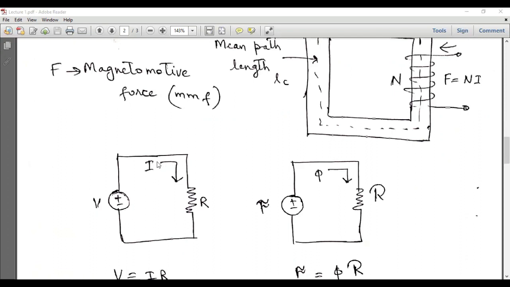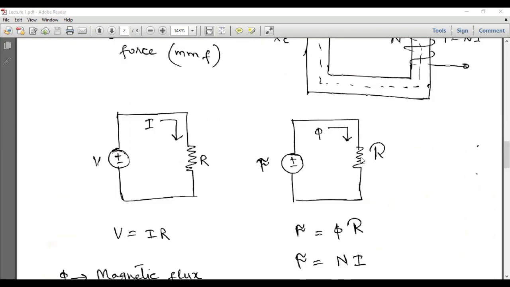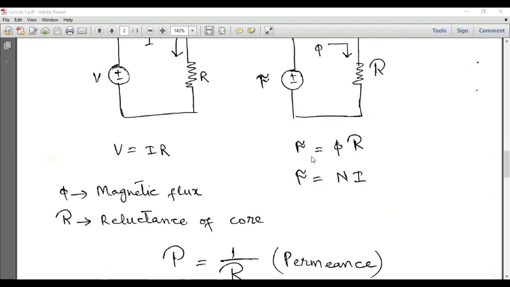V is the electromotive force, current I is flowing through the circuit, and R is the resistance. Similarly, in this circuit, F is the magnetomotive force, flux phi is flowing through this closed core, and R is the reluctance of the core. So reluctance is the quantity analogous to resistance, and reluctance can be defined as the opposition offered to the flow of magnetic flux.